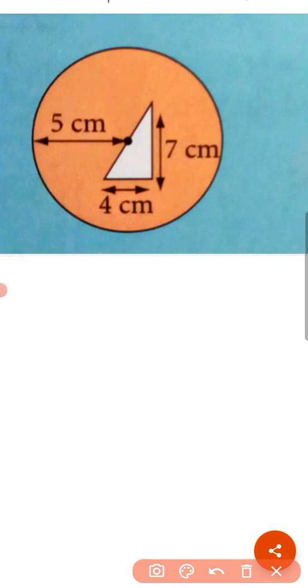Children, here the radius of the circle is given. This is the radius, 5 centimeter. So first find the area of the circle.